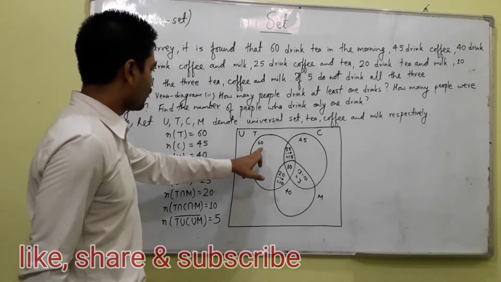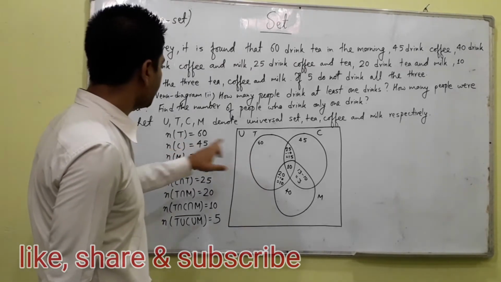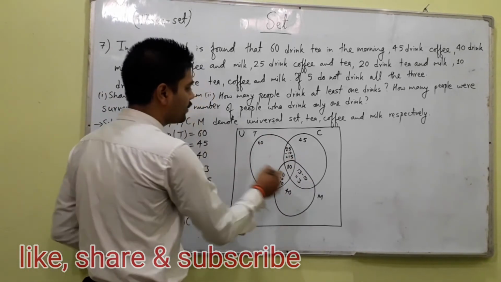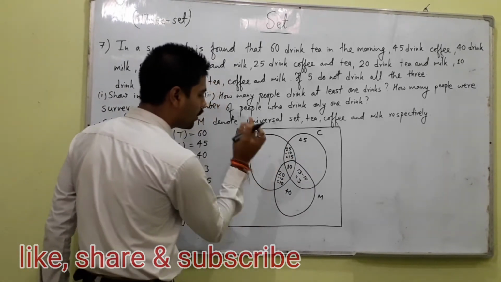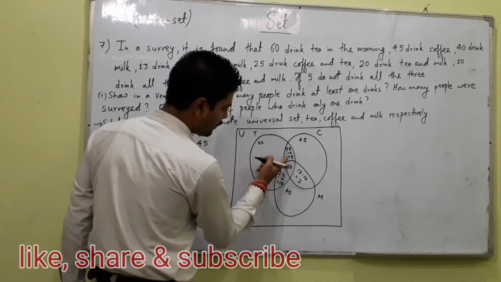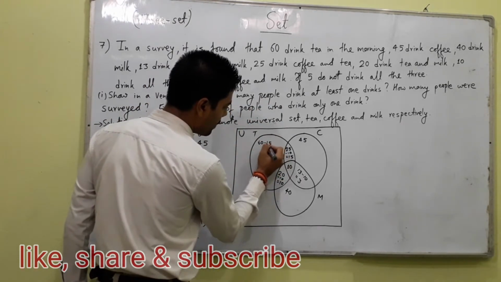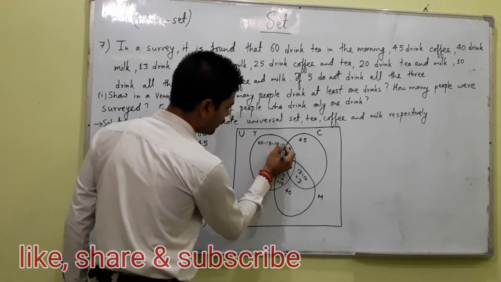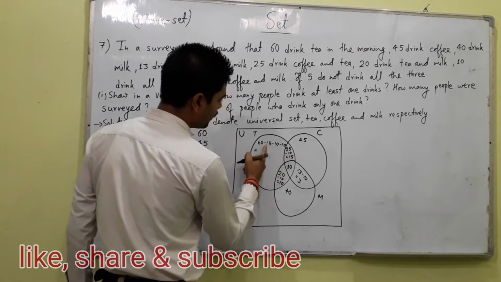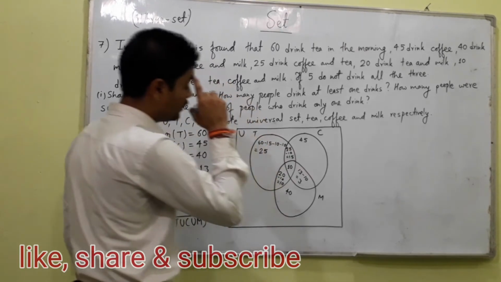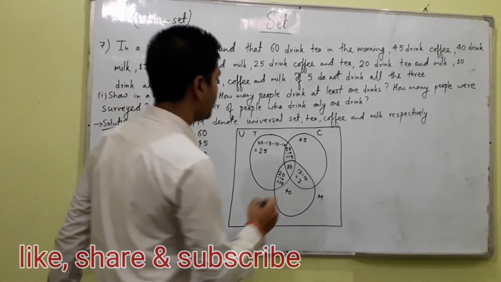You can deduce now. 60 means the total number of people who drink tea is 60. But we have to find those people who drink only tea. That is why we have to deduct 15, 10 and 10. This way we get 10, 20, 30, 35. So people who drink only tea are 25.